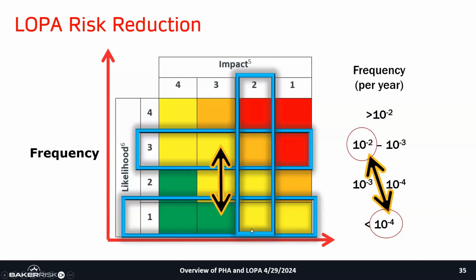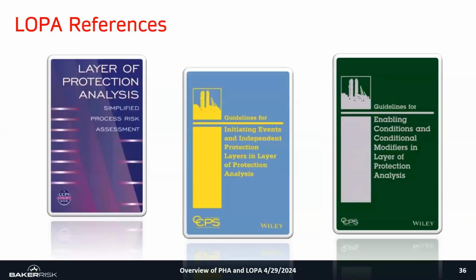So that puts them in the yellow region. That just illustrates what's going on as you're identifying the probabilities and frequencies, and what that looks like on your risk matrix. So we covered a lot of material.